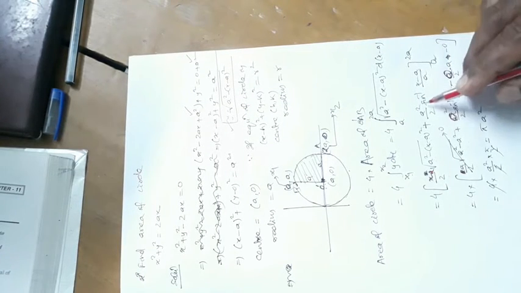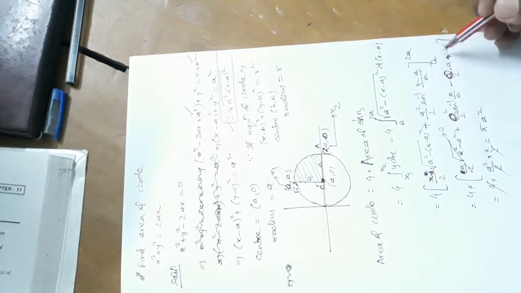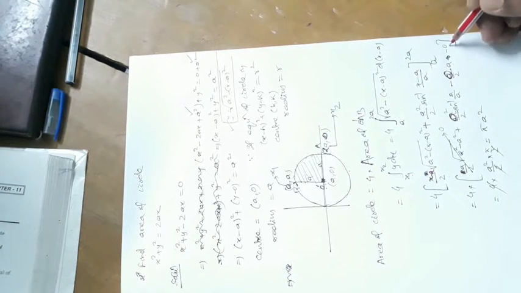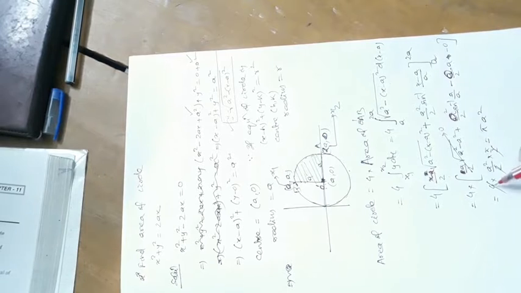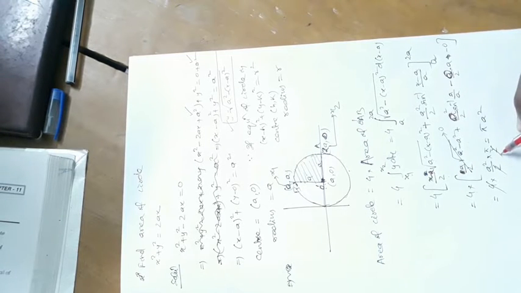When we put 0 here, it becomes a minus a, that is 0, and sin⁻¹ 0 is 0. So the total result is 4 · a²/2 · sin⁻¹ 1. The result of sin⁻¹ 1 is π/2, so it is πa².